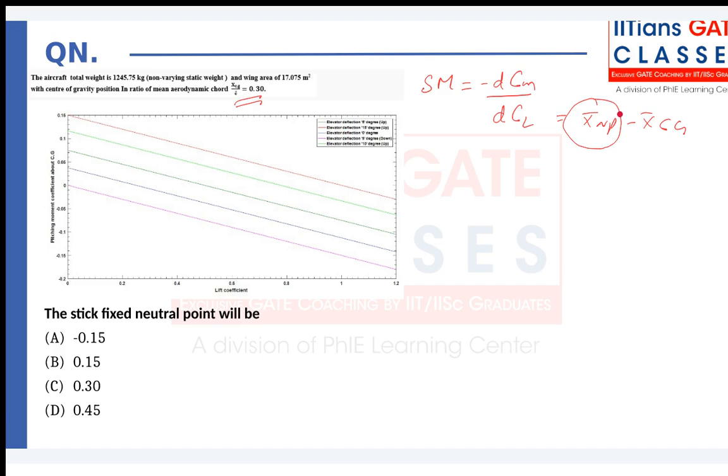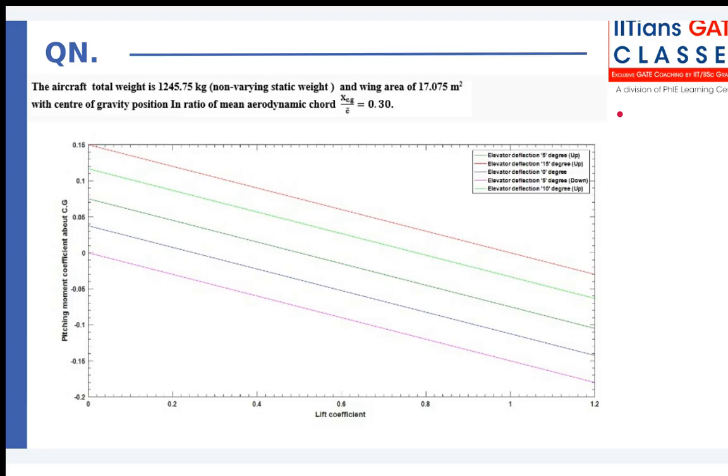So I think I'll go to the previous slide where the graph is more visible so you can see the scale and everything. So I hope the question is clear. Can I go to the previous slide so that it's clear? You just have to find out the slope. Pick any line, find out the slope. Just take any line, the slope is same.